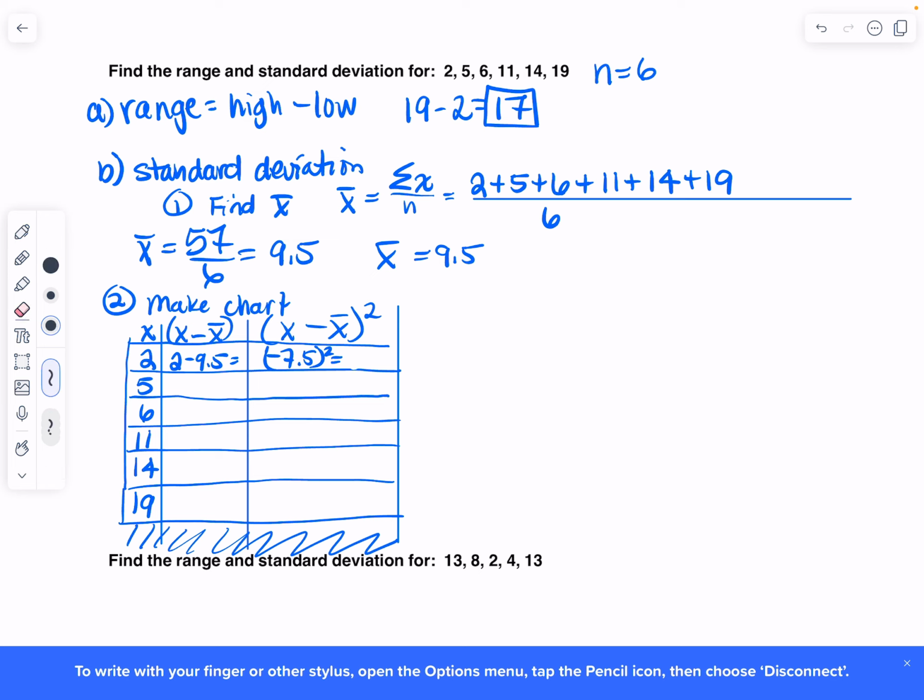I got 56.25. Next, 5 minus 9.5. I have negative 4.5, and I have to square it. I get 20.25.